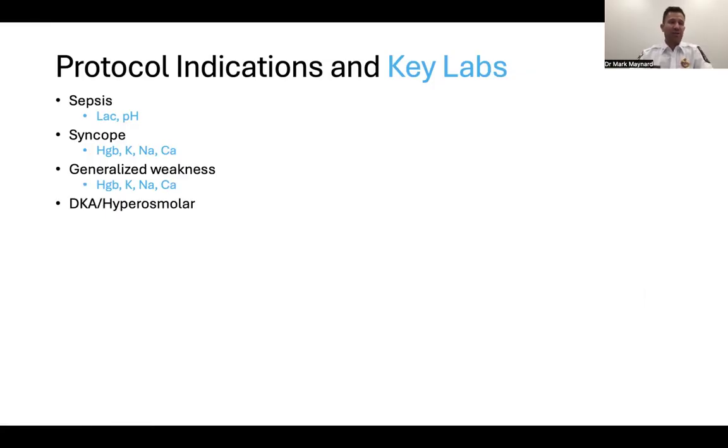DKA, we know by definition, is a diabetic emergency. You have ketones and it's acidosis. So we might find that. Also, you could have hyperosmolar hyperketotic state, or HHS. So we're going to find an elevated glucose, a low pH, and a low bicarb. And what is BE?